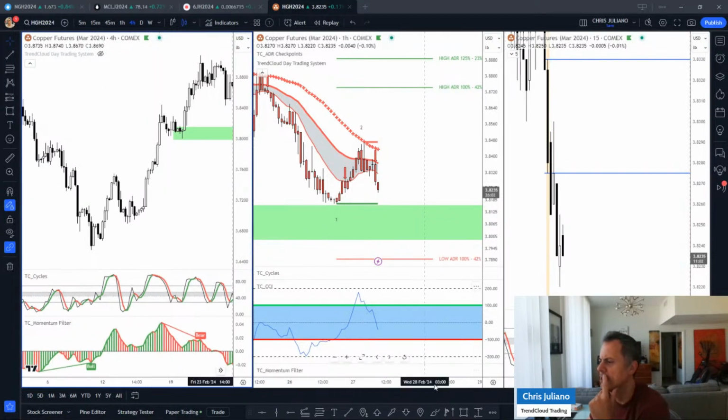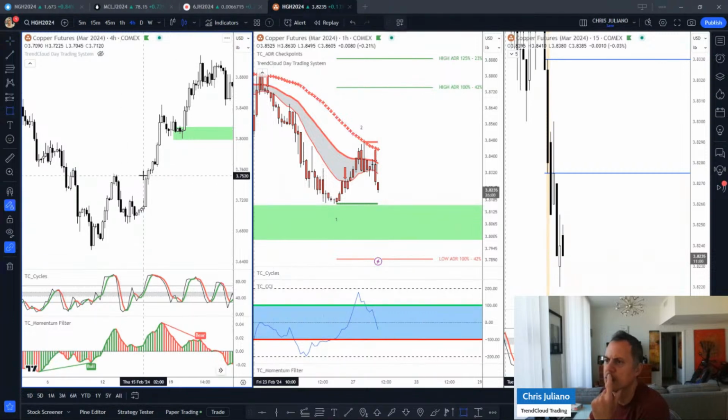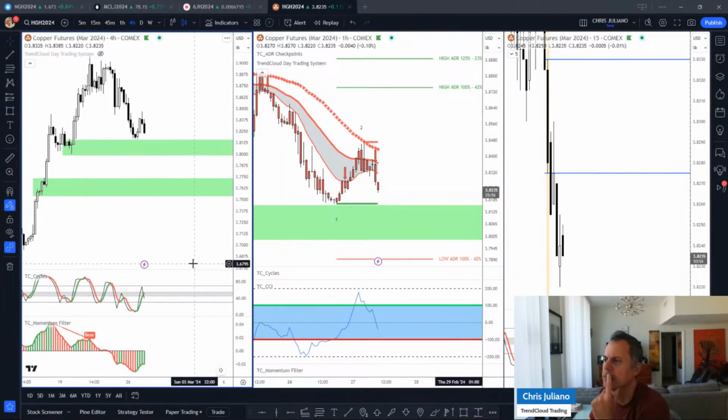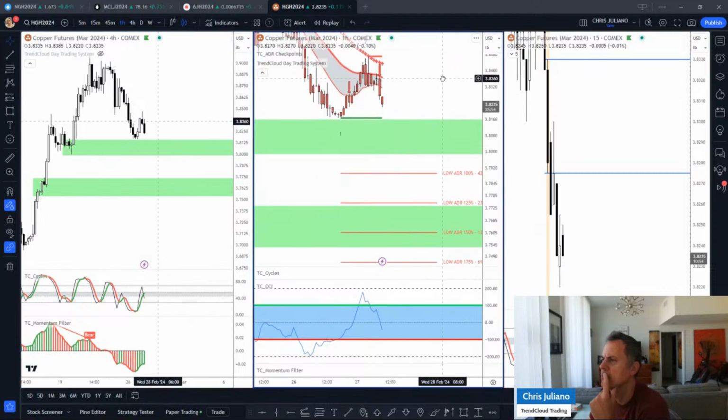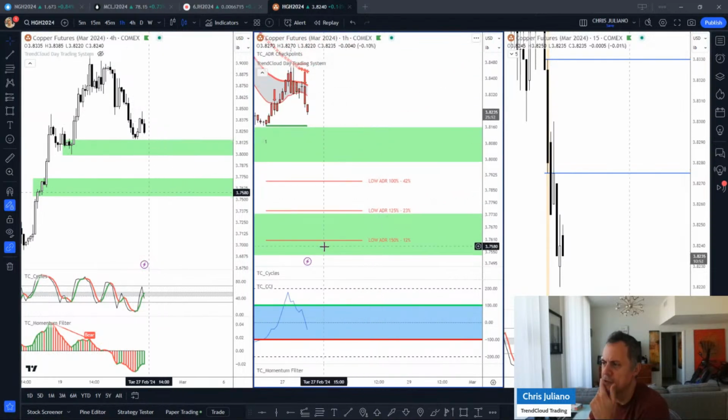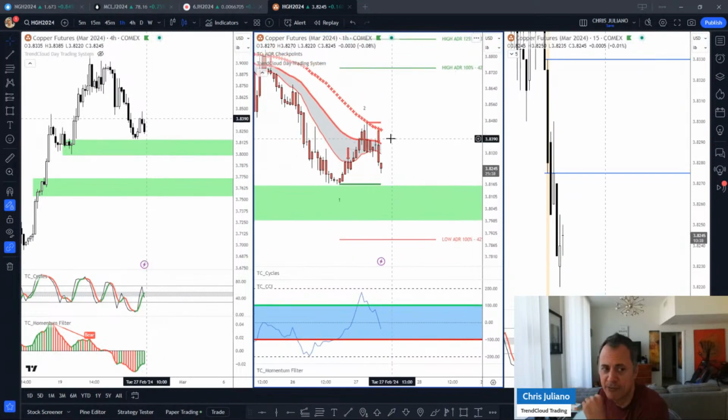Okay, understandable. Got another one here. Okay, ADR checkpoint is pretty low. In fact, we may be in a situation where this breaks through and hits here. We don't know, but at least we have landmarks, right?